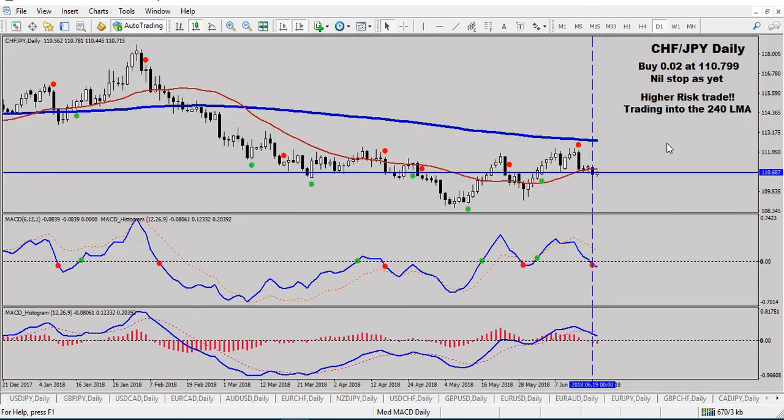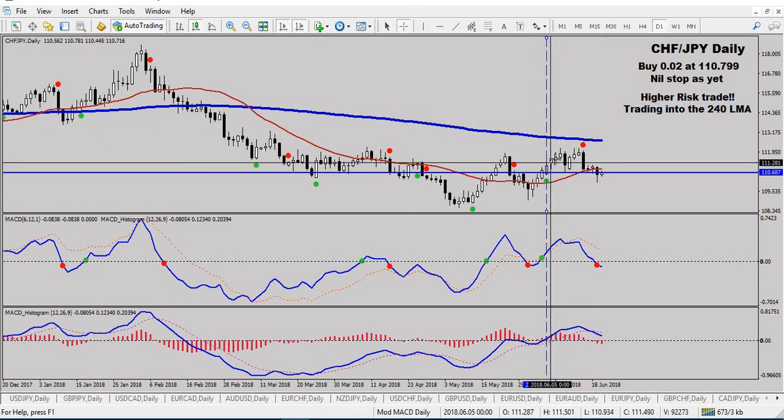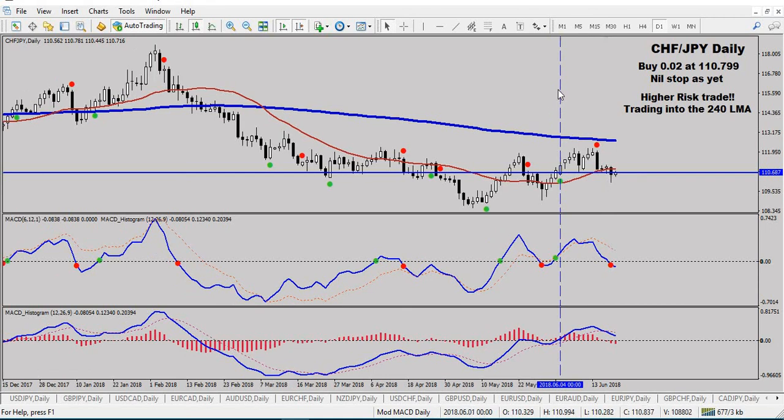And finally, Swiss franc, Japanese yen. I was in a buy back here, and price didn't really take off that much. Only went up about another 85 to 90 pips before rolling over. So today we've got a sell signal in this area.